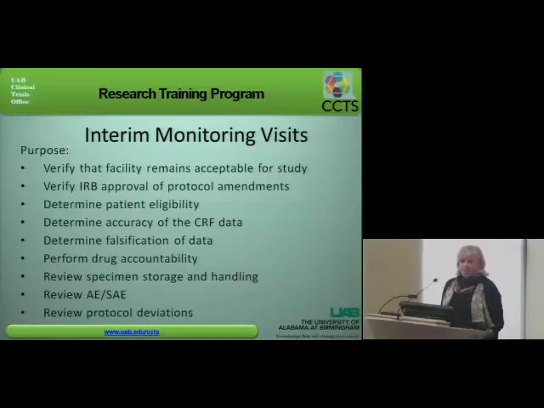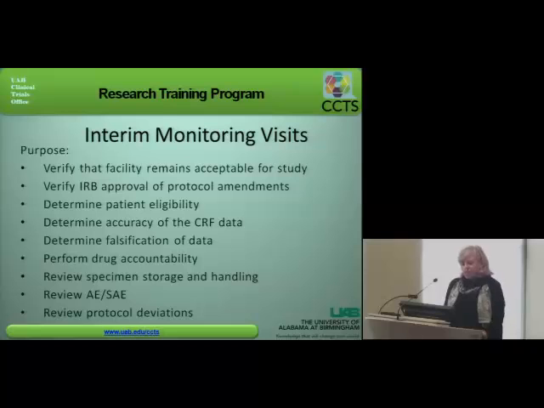Also, fasting is another thing that we don't think about, but we need to record the last time the patient ate. If it says in the protocol that they're to be fasting 8 hours, how does the monitor know that that patient really fasted for 8 hours? So it's really important to make sure you're documenting and that your source documents match your CRFs.